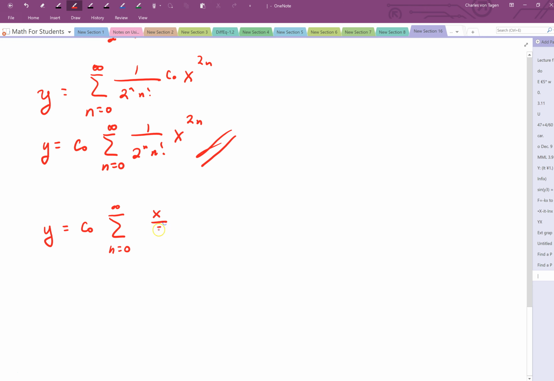x over 2 squared to the n over n factorial. Double check me on this. If I distribute this 2 to both the numerator and the denominator, there's a little bit of mistake there. X over 2. Well, I might stop it there if I don't see this mistake.